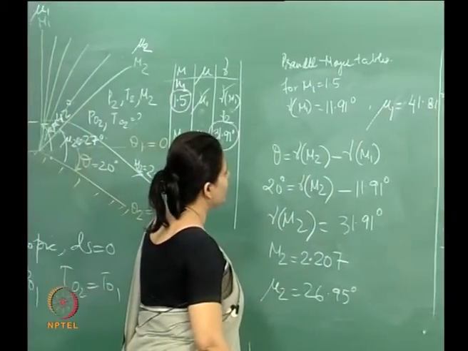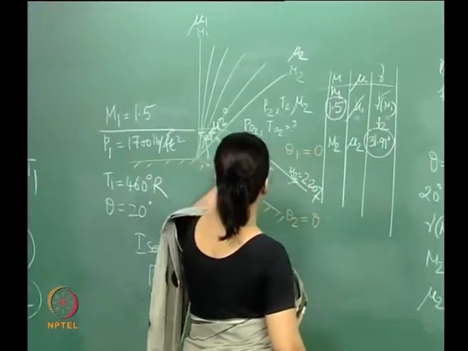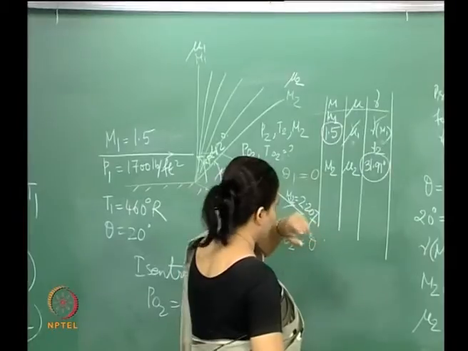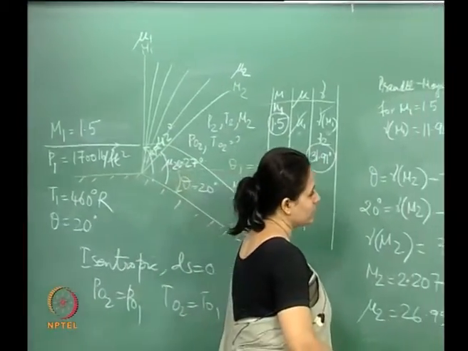So basically we need to find out P naught 2 and T naught 2 and P 2 and T 2. How do we go about doing that?